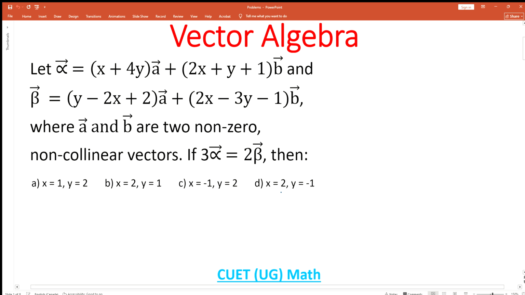Let's start by analyzing the given vectors alpha and beta. In these two vectors, x and y represent scalar quantities because there is no vector cap on x and y.